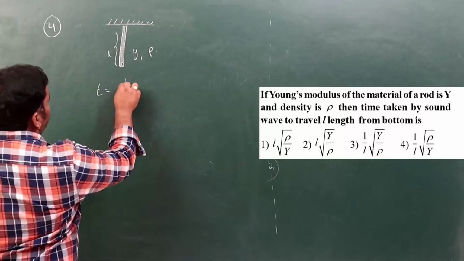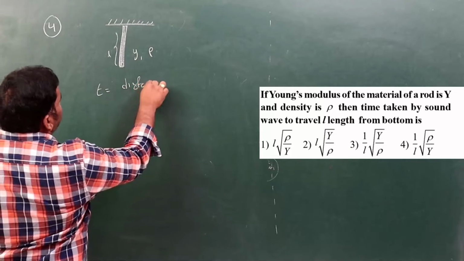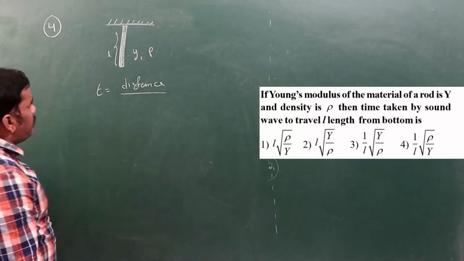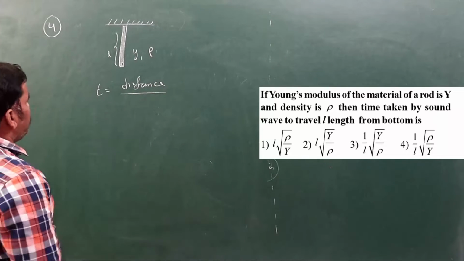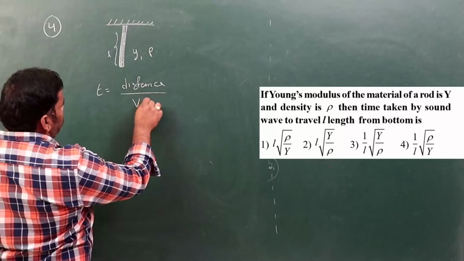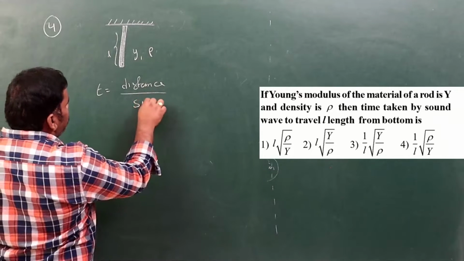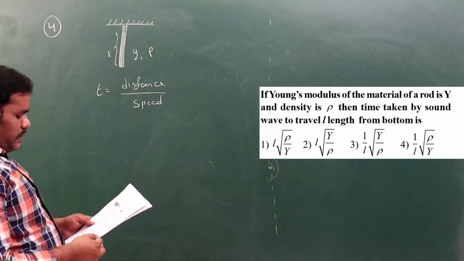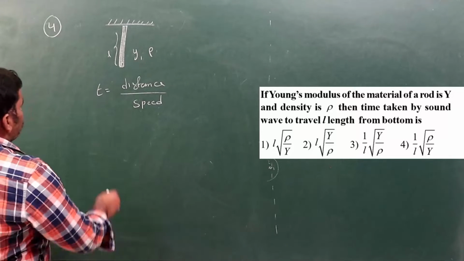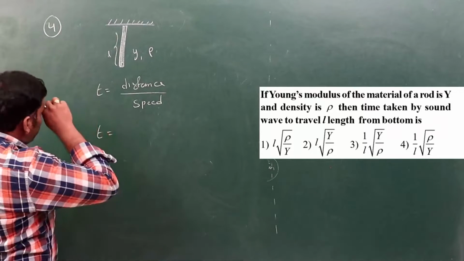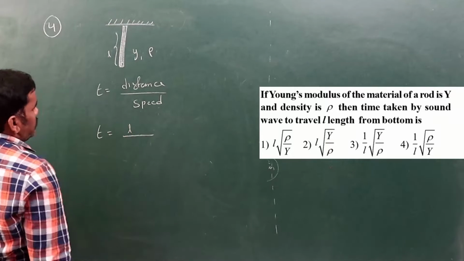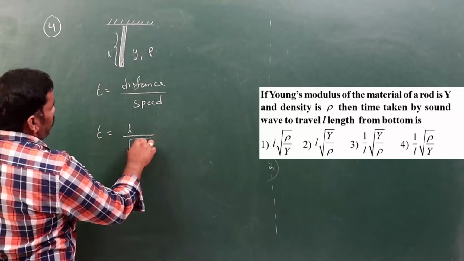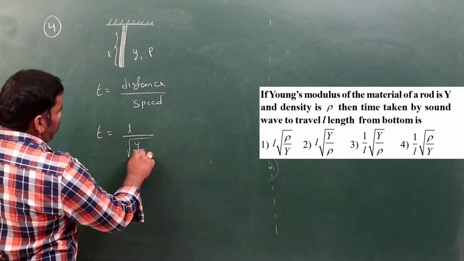So time t is equal to distance by speed. Distance is L, and speed of solids is under root of y by rho.